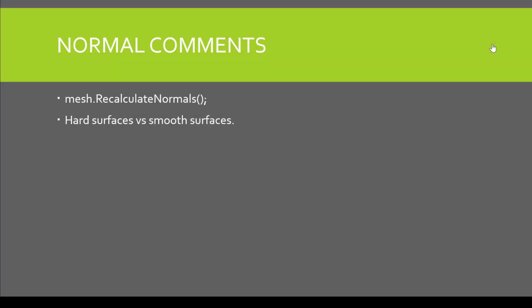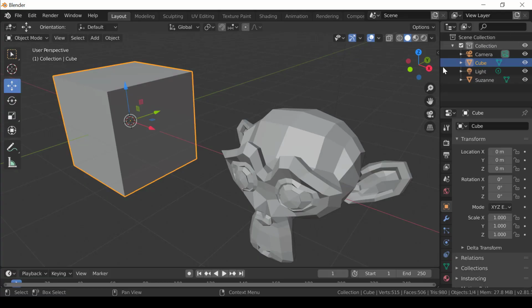Hard surfaces versus smooth surfaces, or hard shading versus smooth shading. What does that mean? Let's first go to Blender to understand this point. In Blender, we have two shapes here, one cube and the Suzanne monkey from Blender. Let's start with the cube.